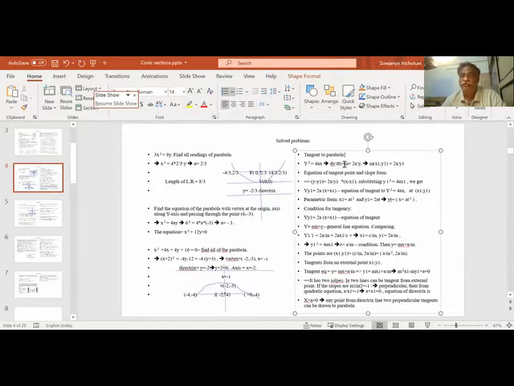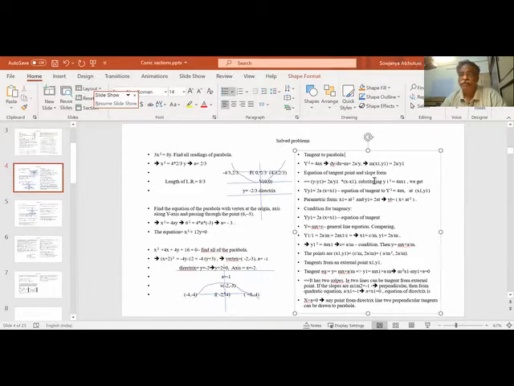But otherwise, if I do dy by dx of this, y square is 4a x, so 2y dy by dx is equal to 4a, and it is 2a by y is equal to m, the slope. So at a point x1, y1 on the curve, this m becomes 2a by y1. So at the point x1, y1 with slope m, I have the equation y minus y1 is equal to m into x minus x1.